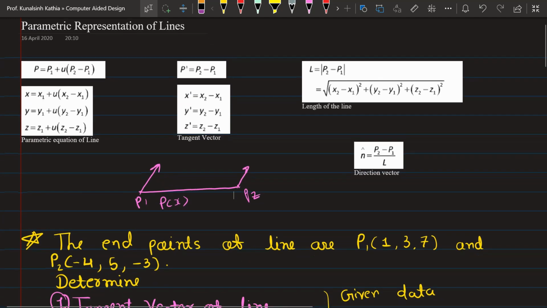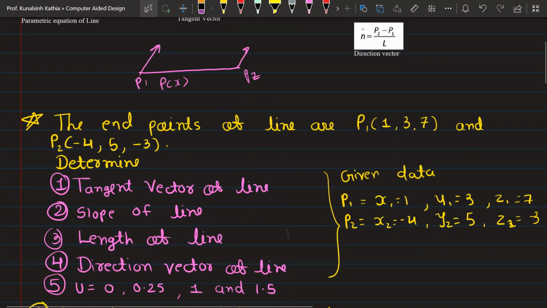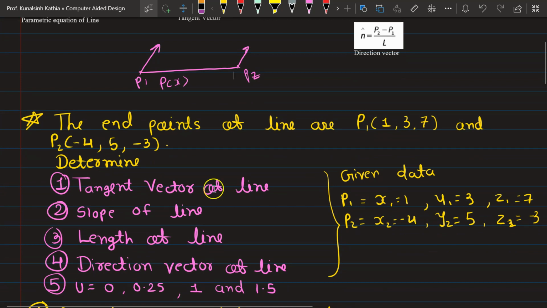Here I have listed one case in which all the cases are covered. The endpoints of the line are P1 equal to 1, 3, 7 and P2 equal to 4, 5 and 3. So it is x, y and z, and this is also x, y and z, right?